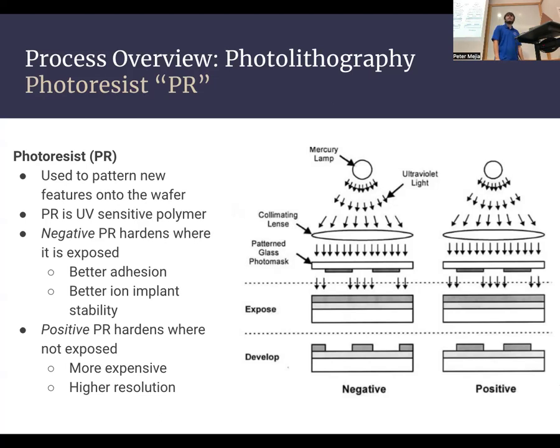In industry, they have these things called stepper machines where they send it through different lenses, and then they only expose a portion at a time called a reticle. They need to automate stepping through all of those areas on the wafer, so it's more than one exposure for that type.